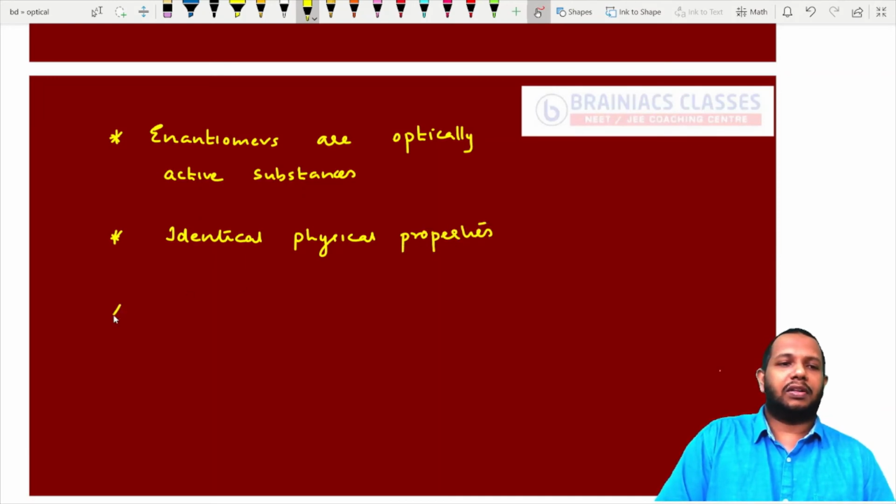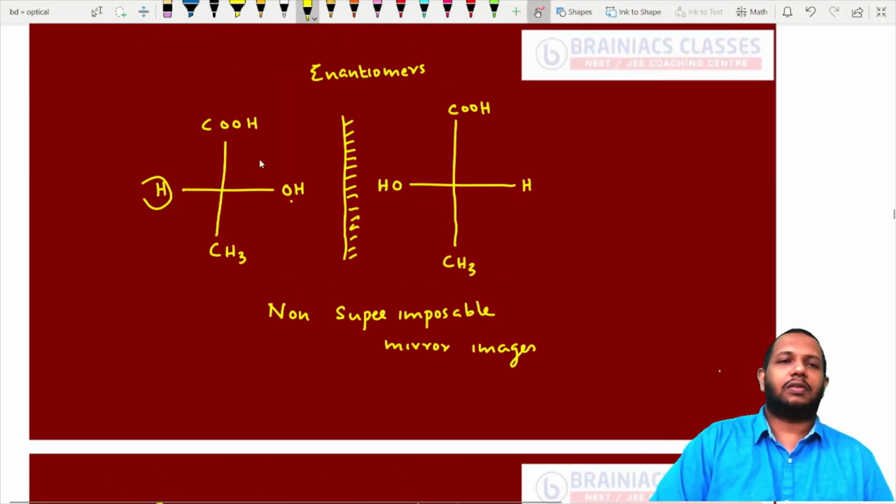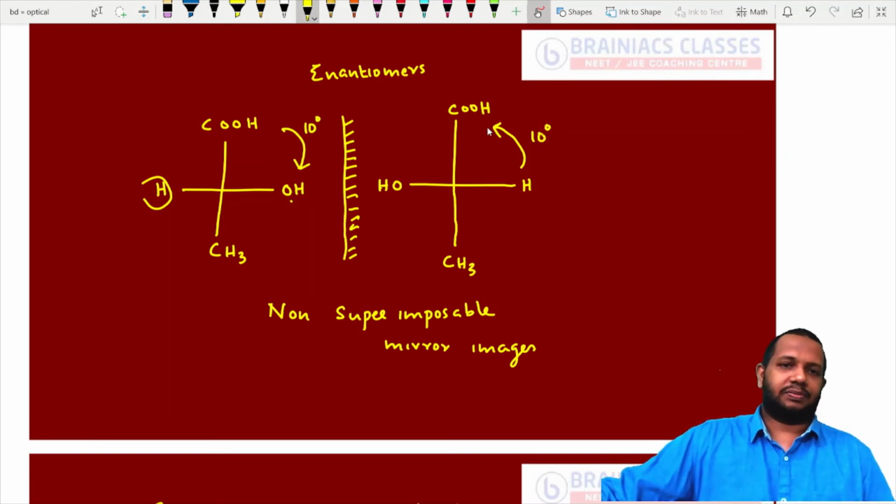And another important thing is, if I take an enantiomer and it is rotating the PPL towards the right, maybe for example 10 degrees, the other will rotate the PPL towards the left by the same 10 degrees, because these are mirror images, correct?